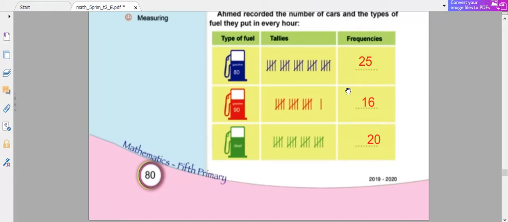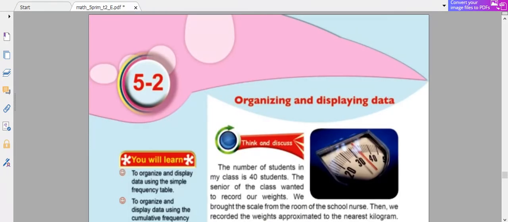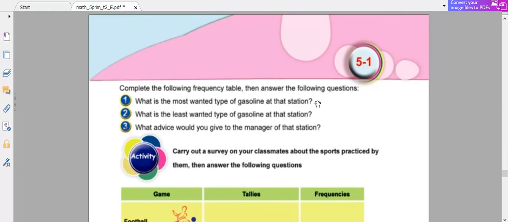How can we judge what is the most wanted gasoline from the frequencies? What is the greatest number? Gasoline 80 or gasoline 90 or diesel? We will find out that the frequency of fuel 80, gasoline 80, is the most wanted. So we would write here, gasoline 80.